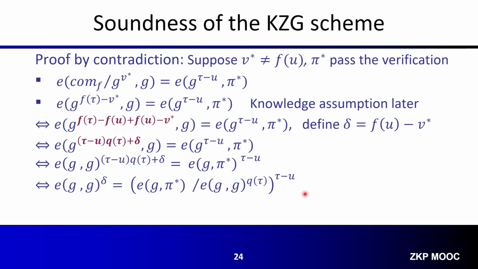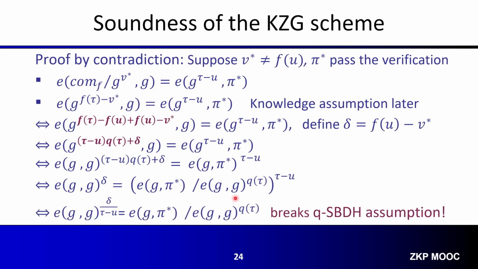Then once we reach this step, you can roughly get the idea of how to break the Q-strong bilinear Diffie-Hellman assumption, right? So from both sides, we can actually raise them to the power of tau minus u inverse. And note that here, I'm not saying that anyone knows this secret value tau minus u and can compute the inverse. I'm merely stating the fact that if we do that, we have the following equation.